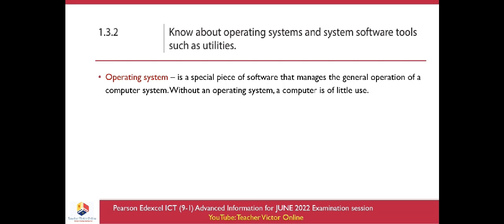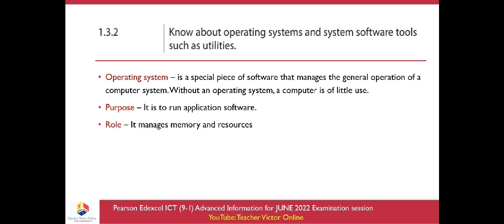So this gives the importance of an operating system. What is the purpose of an operating system? An operating system is used to run application software, and that is the main purpose of having an operating system in any digital device.